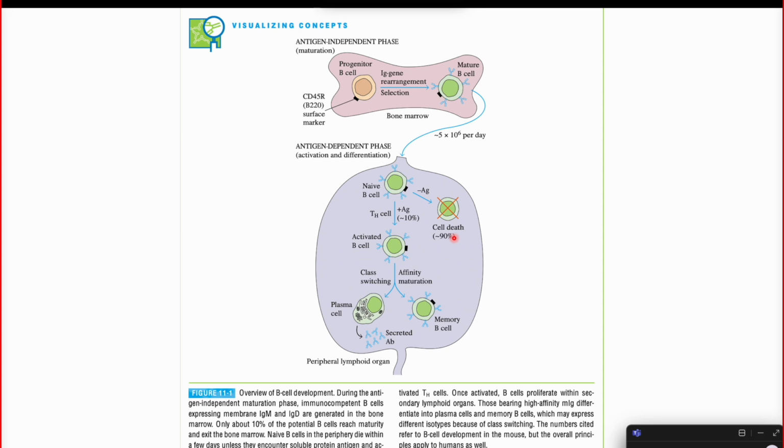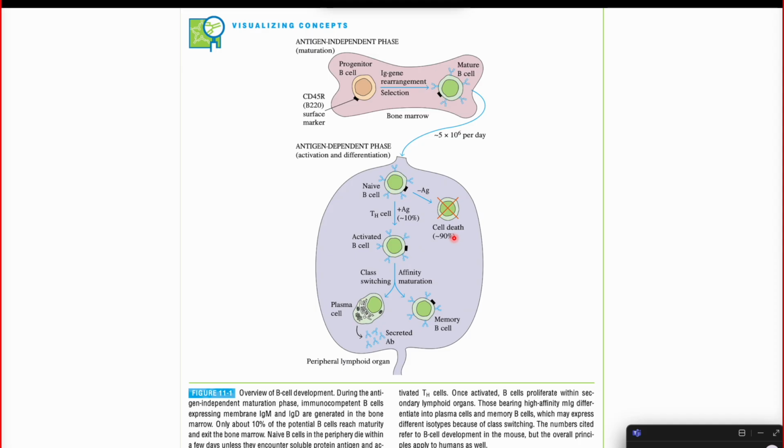But if this naive B cell recognizes the antigen and T helper cells are also present, the mature B cell which entered will be activated. By activated, we mean it recognizes the type of antigen and switches the class to secrete the antibody.